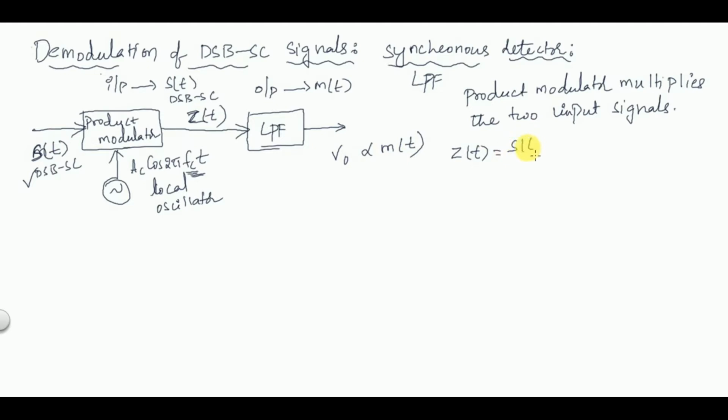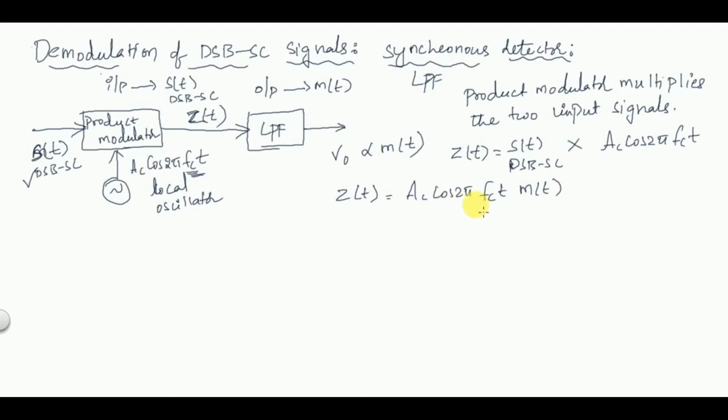So Z of t is equal to S of t of DSB SC multiplied by Ac cos 2 pi fc t. We know that S of t of DSB SC is given by Ac cos 2 pi fc t into m of t.